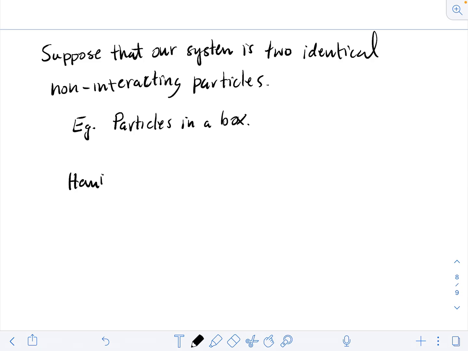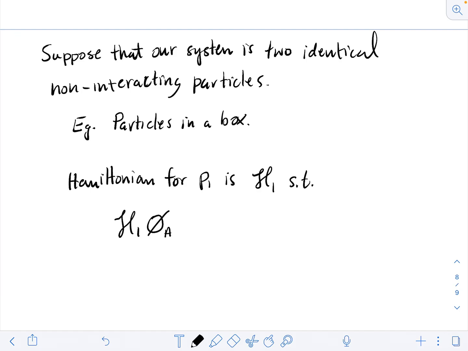Okay, so we can write down a Hamiltonian for particle 1, and let's call that H1, such that if I take this Hamiltonian H1 and we have a particle in state A, it's an eigenfunction of the Hamiltonian, and it has an eigenvalue or an energy EA, and then of course we get our wave function back again.